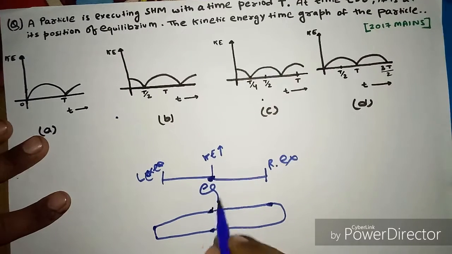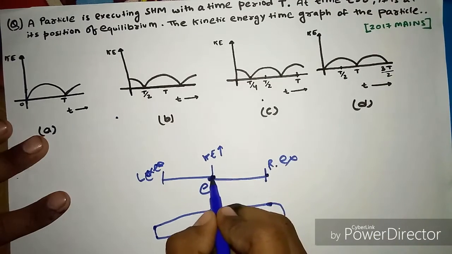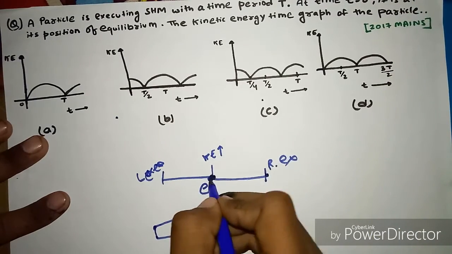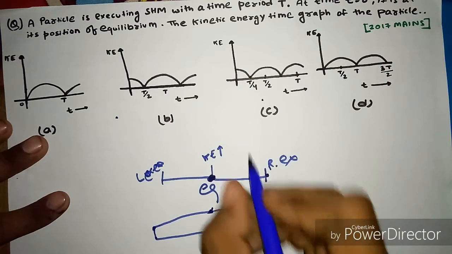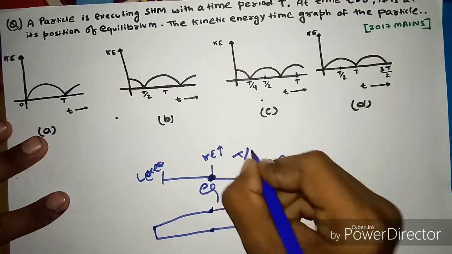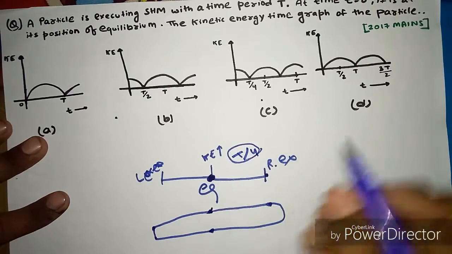If a particle starts from the equilibrium position and reaches the right extreme, what time is required? The time required is T by 4, right?